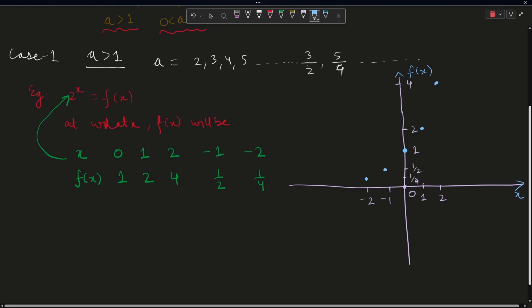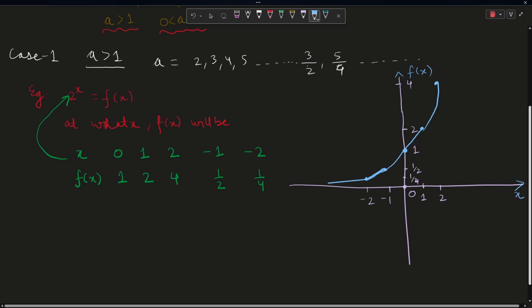When we join these points, we will get a curve. This curve proceeds in this manner.